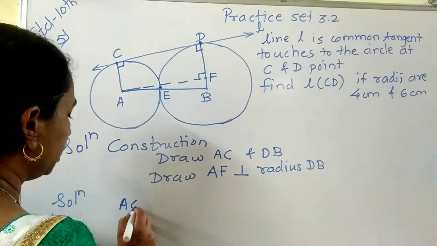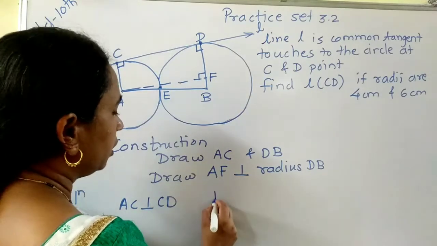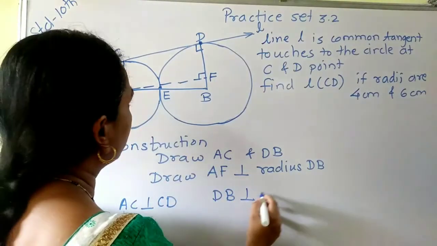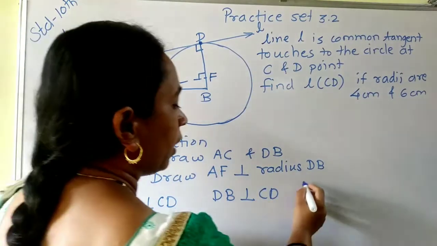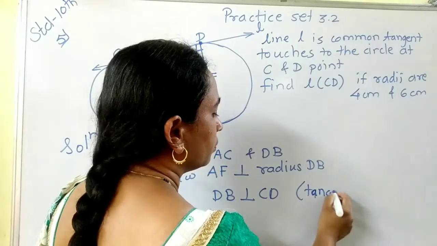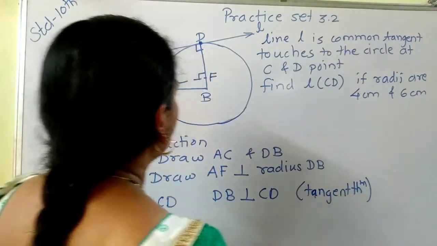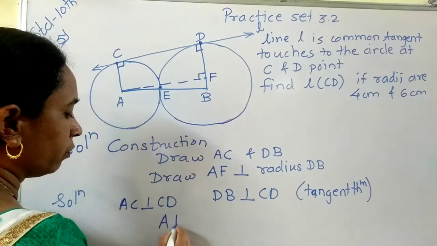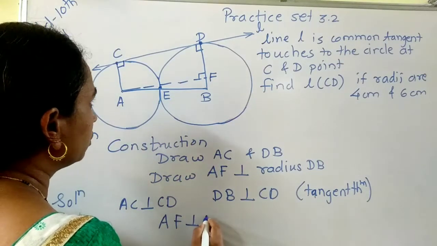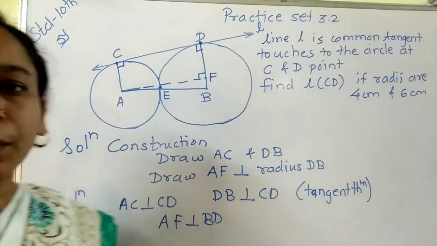AC is perpendicular to CD. In the same way, DB is also perpendicular to CD. Why? Because of the tangent theorem. Similarly, AF is perpendicular to BD. So all angles would be 90 degrees.